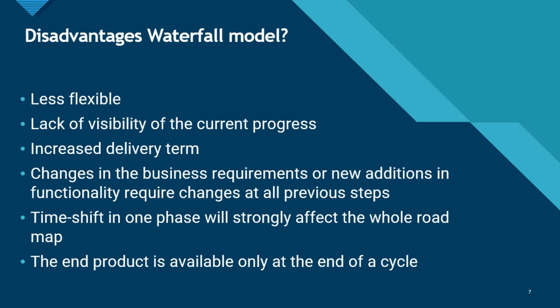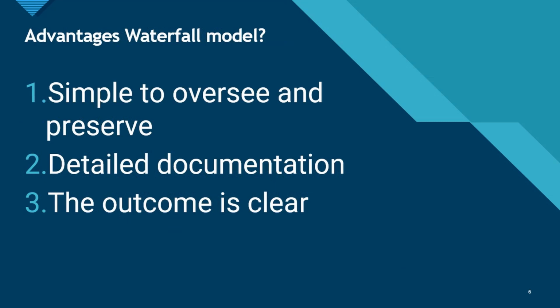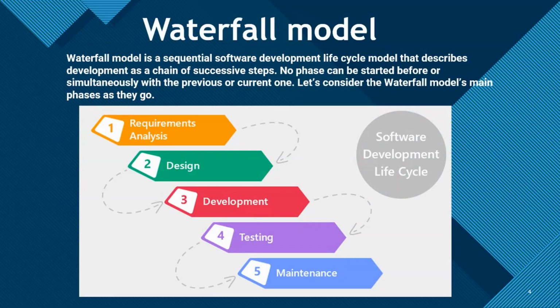Let me explain this to you. Wait a minute, I'm going back. As you can see here, the waterfall model is named so because it goes from up to down. The model means we have to clear every step before moving to the next. First requirement analysis, then we can jump into design, then development, then testing, then maintenance. We cannot skip any of these steps in the waterfall model.